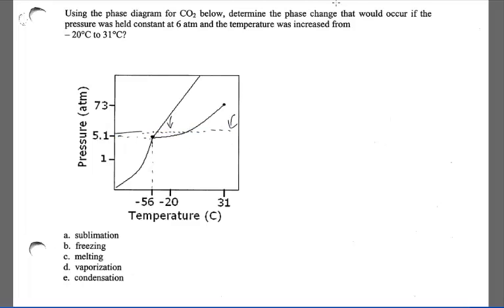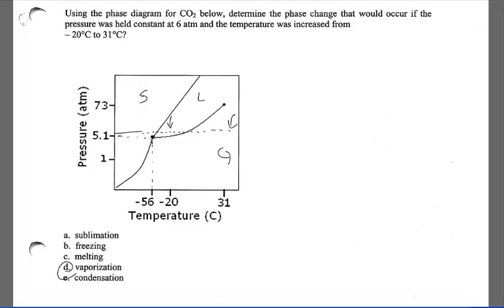Okay, you'll have the phase change that occurs when you cross that line. Okay, and that would be, since this is solid, this is liquid, and this is gas, that would be going from liquid to gas, which would be vaporization.